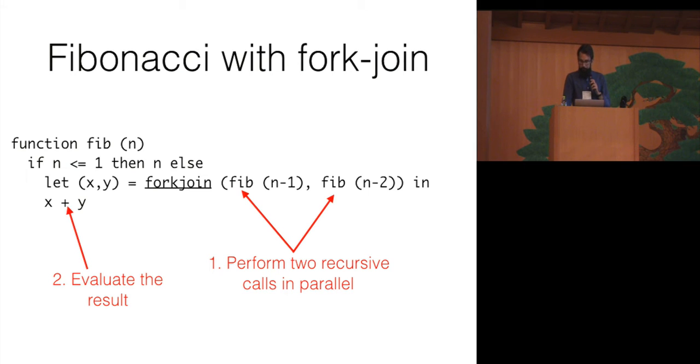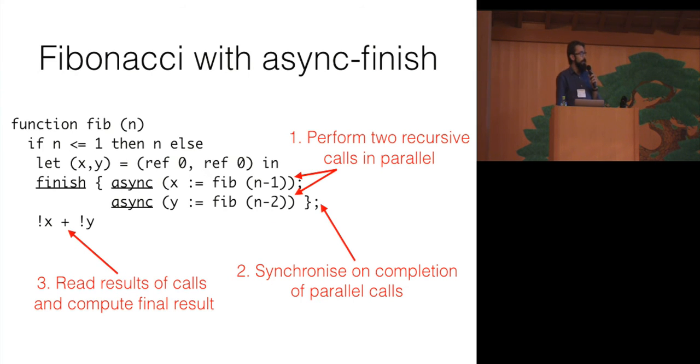So another parallel primitive that was introduced slightly more recently was async-finish, and this allows us to introduce multiple computations that then finish at the same time. In the case of Fibonacci, when we still have just two subcomputations, it's trivially equivalent to the previous example, but of course we could have more subcomputations here.